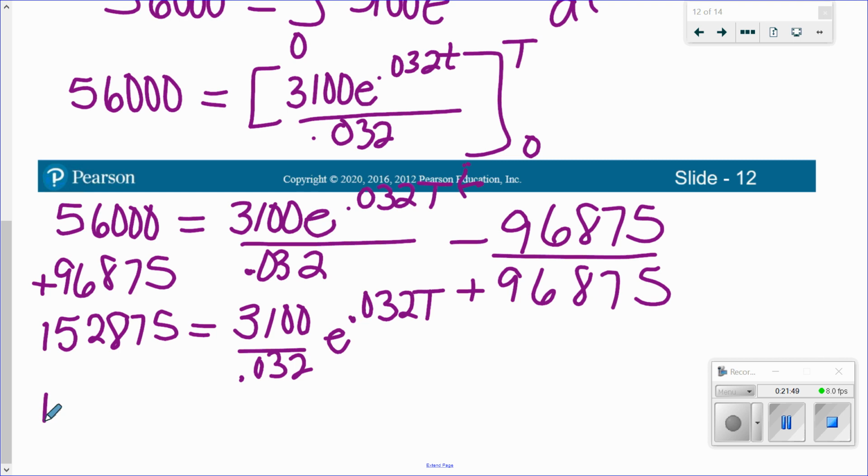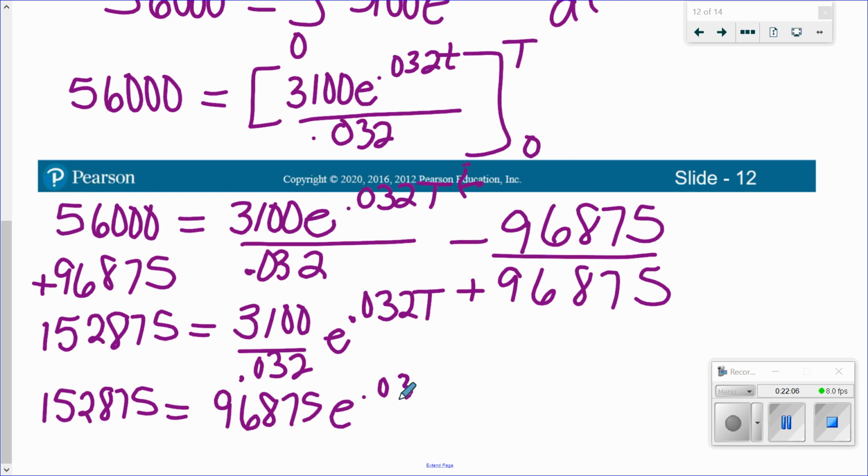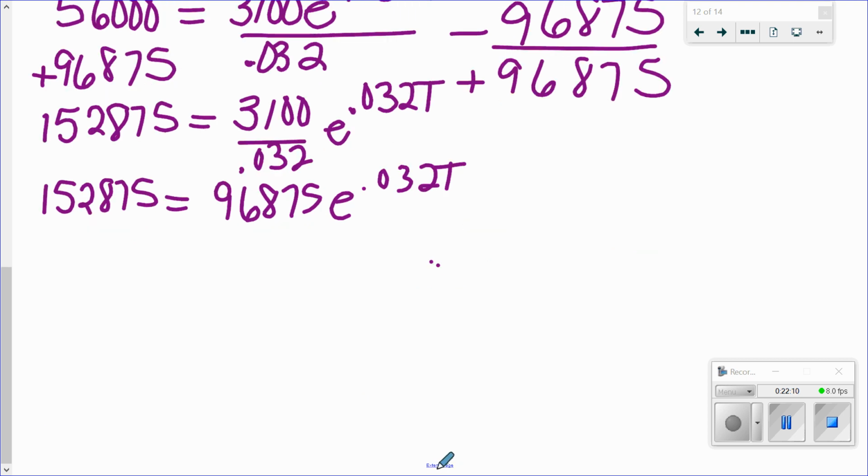So we have 152,875 equals 96,875 e^(0.032t). Now all I did was take the 3,100 here and divide it by 0.032. That's how I got this number.